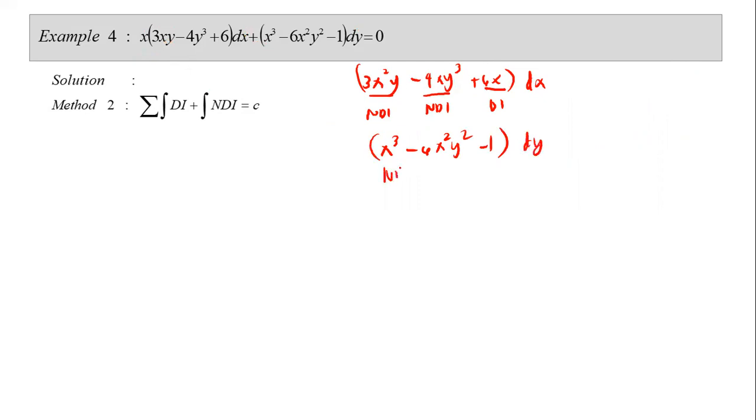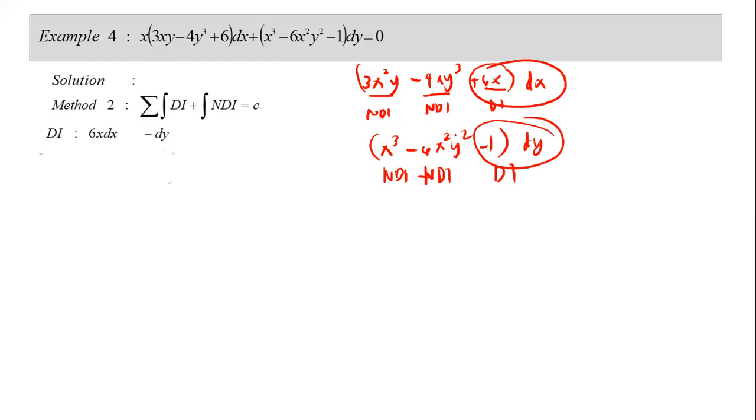This is non-direct since this is x cubed and it goes along with dy. This is also non-direct. And this is negative 1 dy, that's direct integrable. So we only have 6x dx and negative dy as direct integrable. And then the remaining terms are non-direct integrable. So you have 3x squared y minus 4xy cubed dx and x cubed minus 6x squared y squared dy.